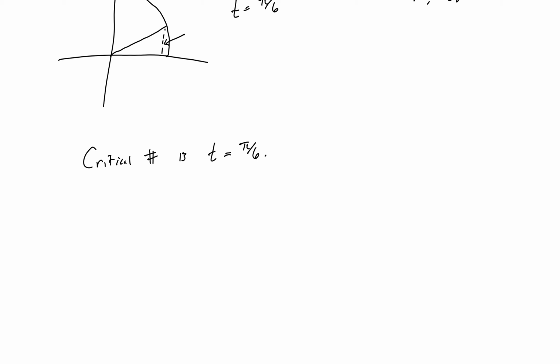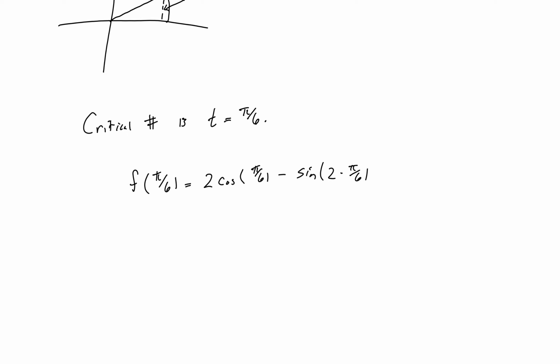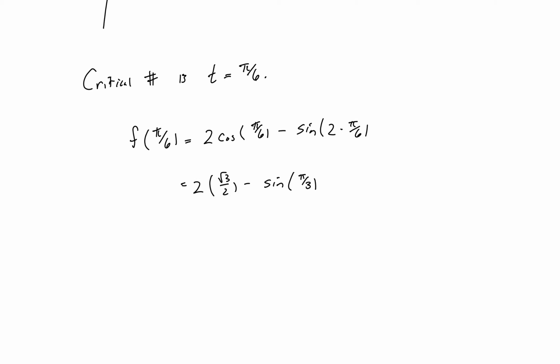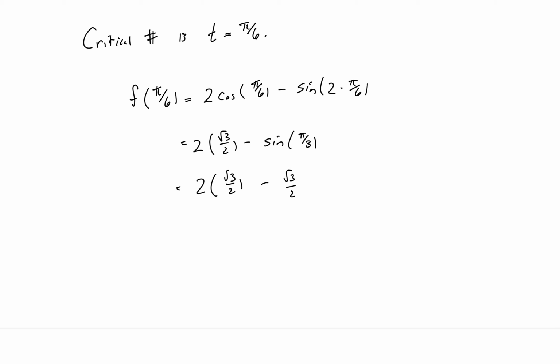So now we need to evaluate our function at that. So f of pi over 6 is 2 cosine of pi over 6 plus sine of 2 times pi over 6. This is 2 times square root of 3 over 2 plus sine of pi over 3. So this is 2 times square root of 3 over 2 plus square root of 3 over 2.